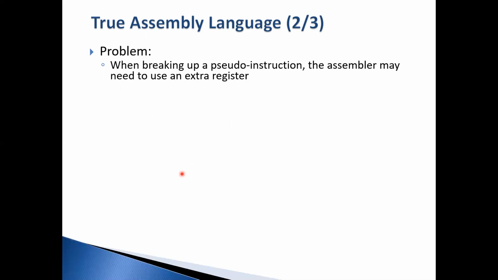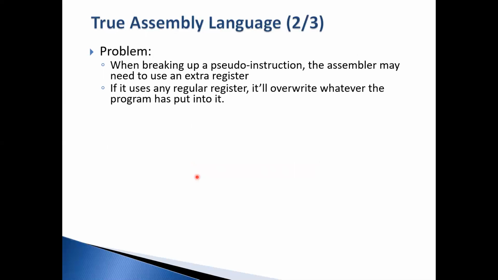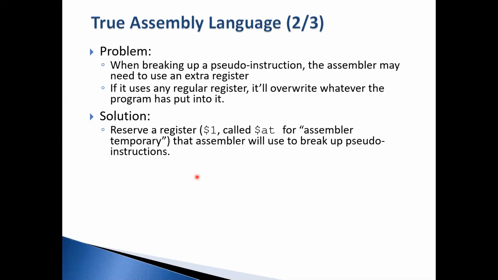From the previous example, we see that we can use the same register, but it may not apply to all kinds of pseudo instructions, because sometimes you may not be able to reuse the same register. So what can we do? In this case, we will use a special register called AT, which we have used in one of the examples before.